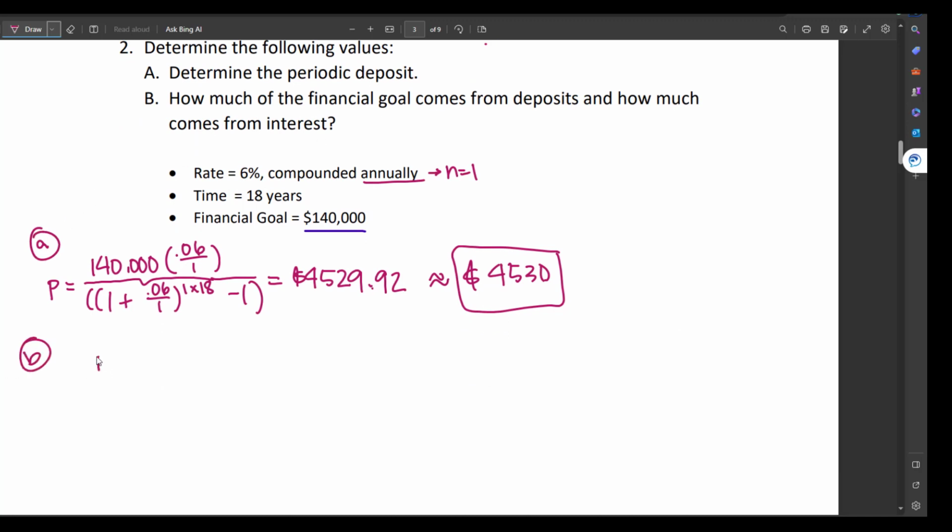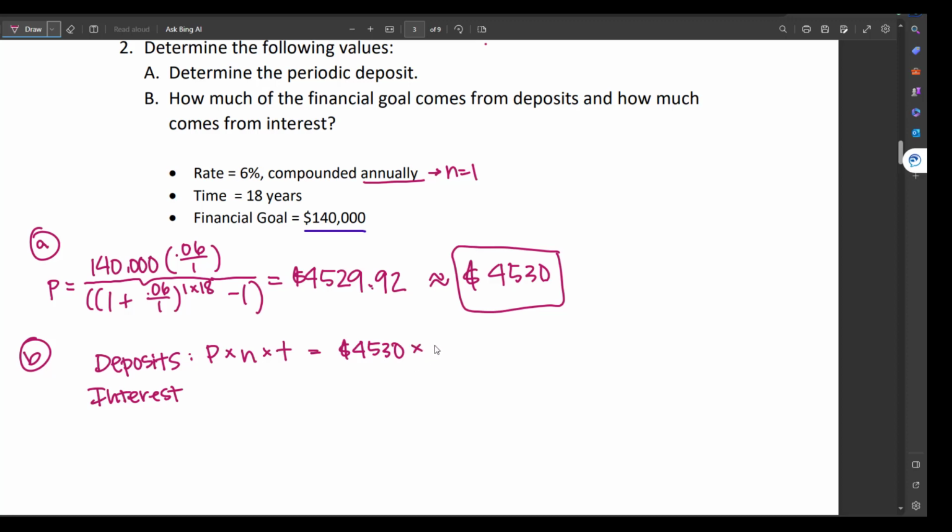Now we need to figure out how much comes from our deposits and how much comes from interest. So our deposits, we have calculated it up top, but I'm going to rewrite it. It's P times N times T. So our periodic deposit, $4,530.